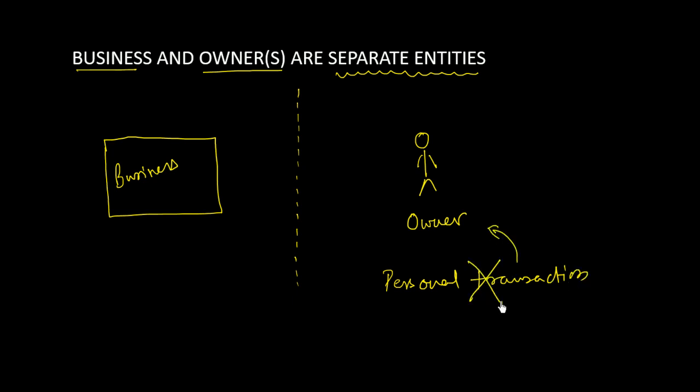Only the business transactions will be recorded in the books of accounts. So entity concept says that the business and the owner are separate entities. There is a line of separation between them.